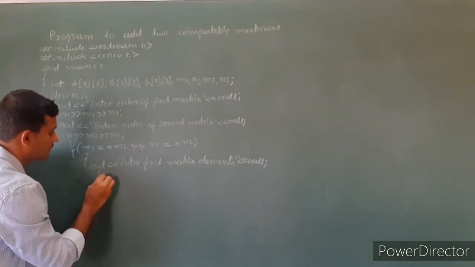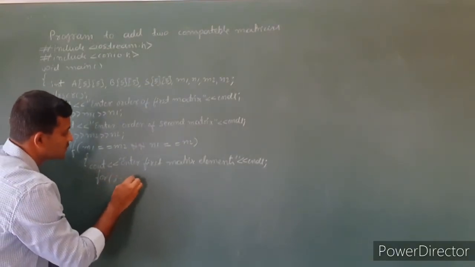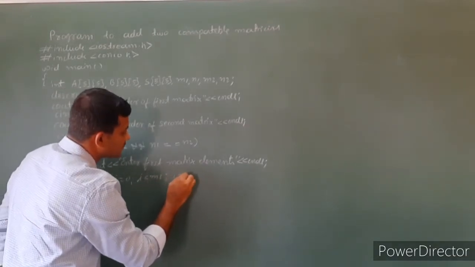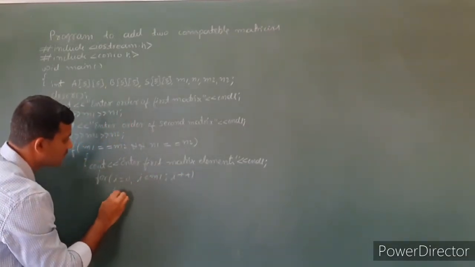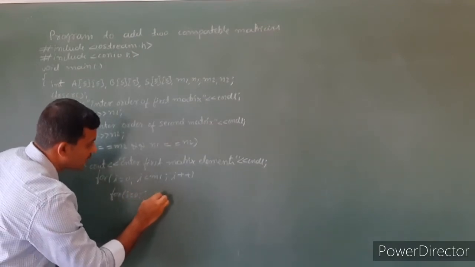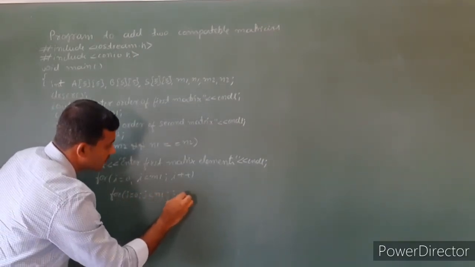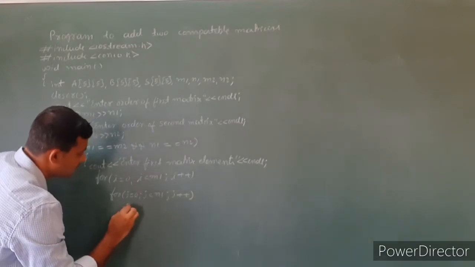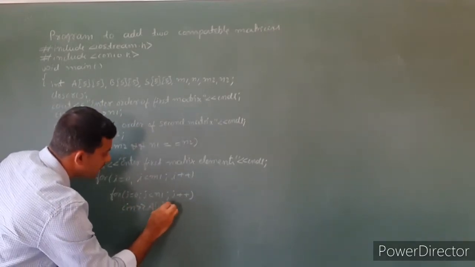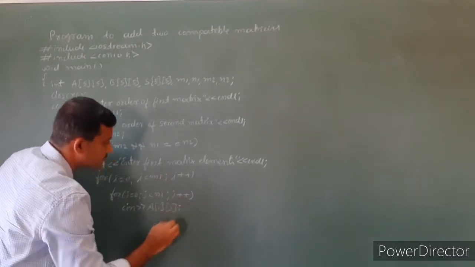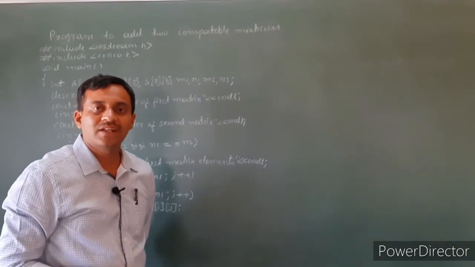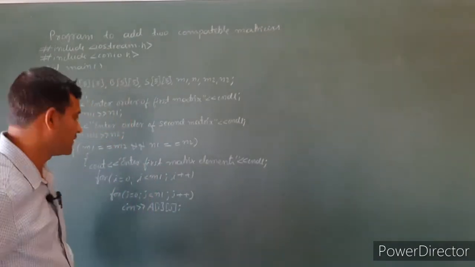For that, use for i equals 0, i less than M1, i plus plus. One more, for j equals 0, j less than N1, j plus plus. Then cin extraction A of i, j. So this is for reading matrix elements for the first one.